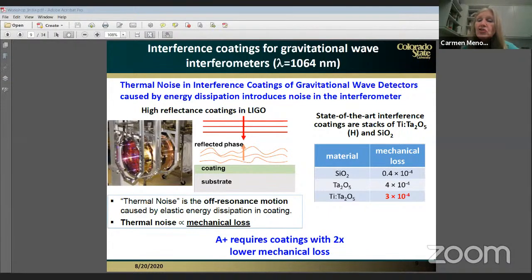But this change is a strain of the order of 10 to the minus 21. Therefore, every component in this interferometer has to be designed to be stable to those levels.